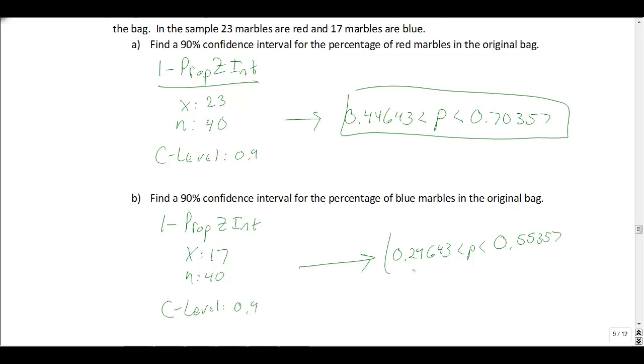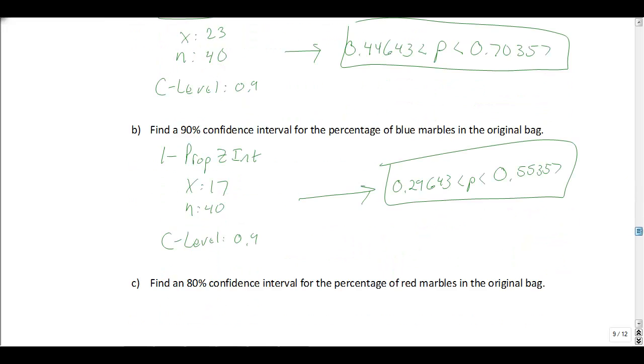So that's really what I would do. If you wanted to build this up using the formulas in the book by hand, your margin of error is a critical value, z, well, we'll just put a c, so 0.9 in this case, multiplied by some kind of standard error.